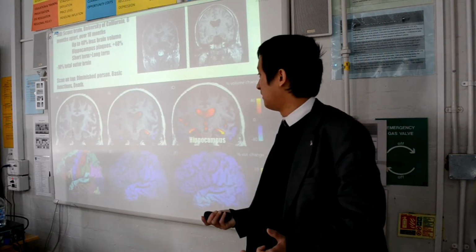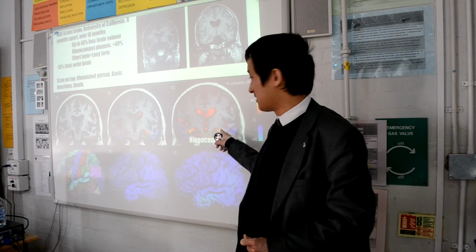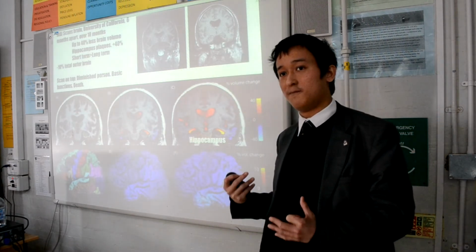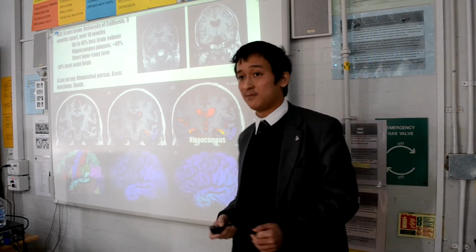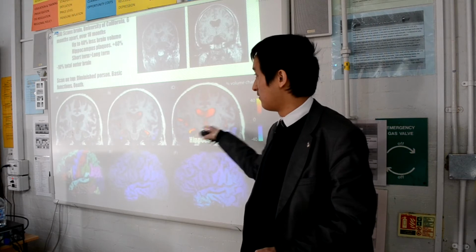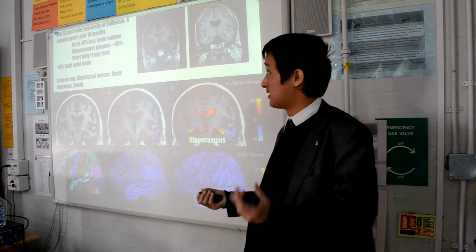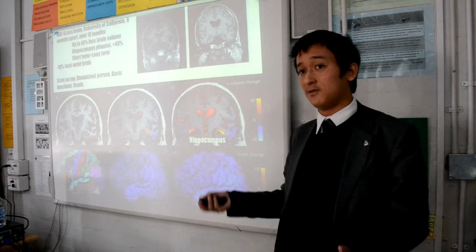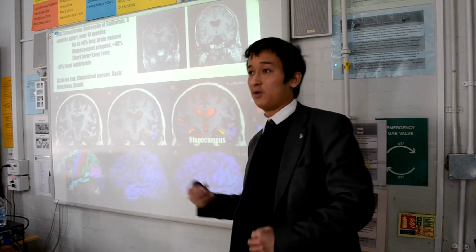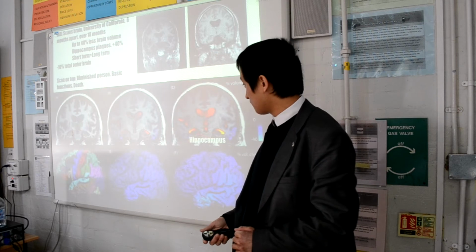And as we can see here, that's a big problem, because this doesn't mean that the hippocampus has become larger. It means that there's a lot more deposits of beta amyloid fragments in the hippocampus. And since the hippocampus is the main area of the brain that consolidates short-term memories into long-term memories, this explains why people with dementia can't figure out or make new memories about what they did 2 years ago or something like that.